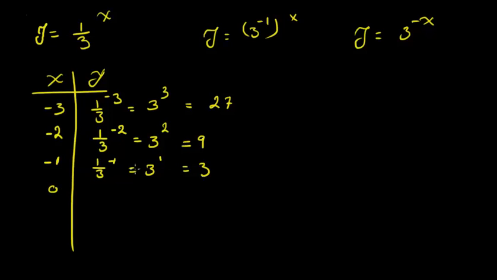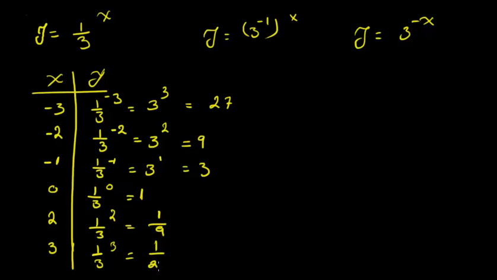Then we have 0 as x. We'll have (1/3) to the 0 power, and we know that anything to the 0 power equals 1. Then we have 2 as x, (1/3) to the second power, and it's going to be 1 over 9. We have 3 as x, then we have (1/3) to the third power, and it's going to be 1 over 27.